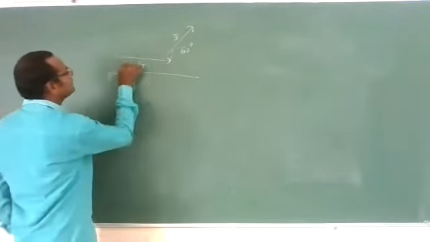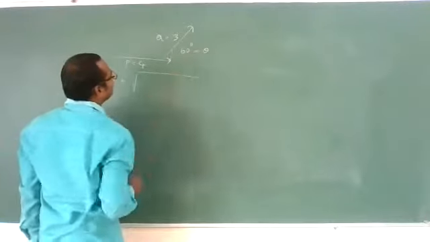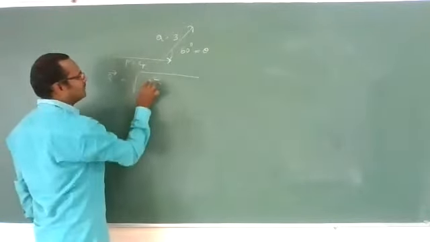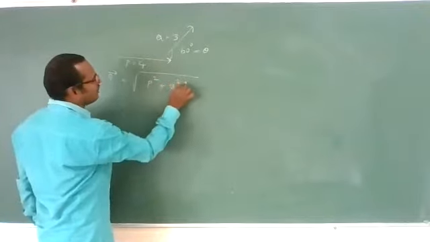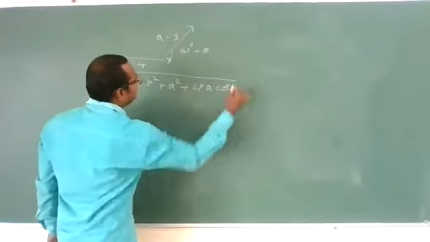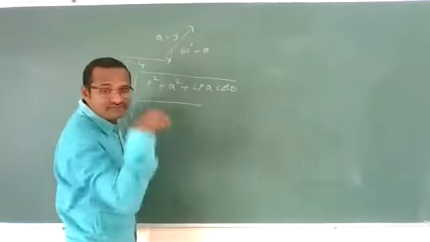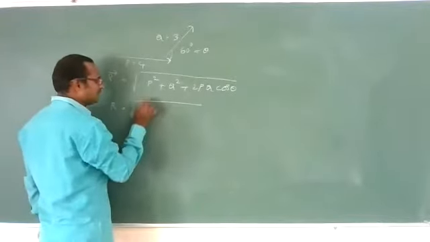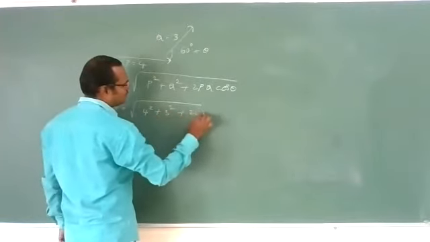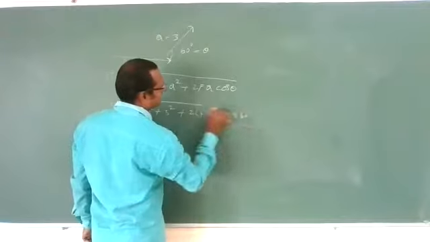You consider this as p, this as q, and this angle as theta. The formula is p square plus q square plus 2pq cos theta. So the resultant is root of 4 square plus 3 square plus 2 into 4 into 3 into cos 60.